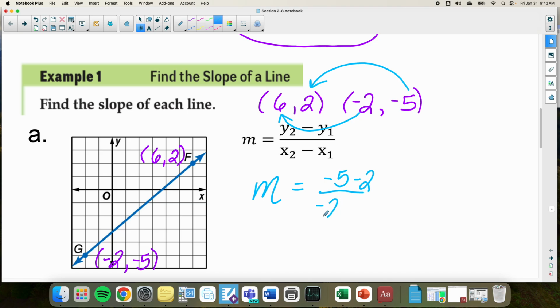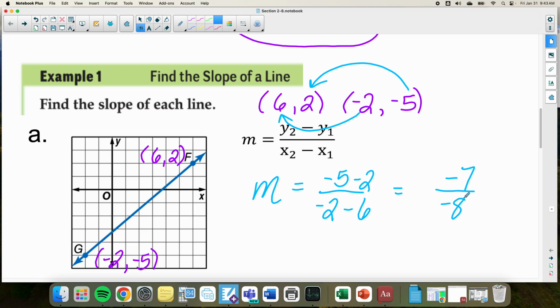So this would be -2 minus 6. Now, -5 minus 2, if we just think about what that is, -7, okay? And then on the bottom, -2 minus 6 is -8.